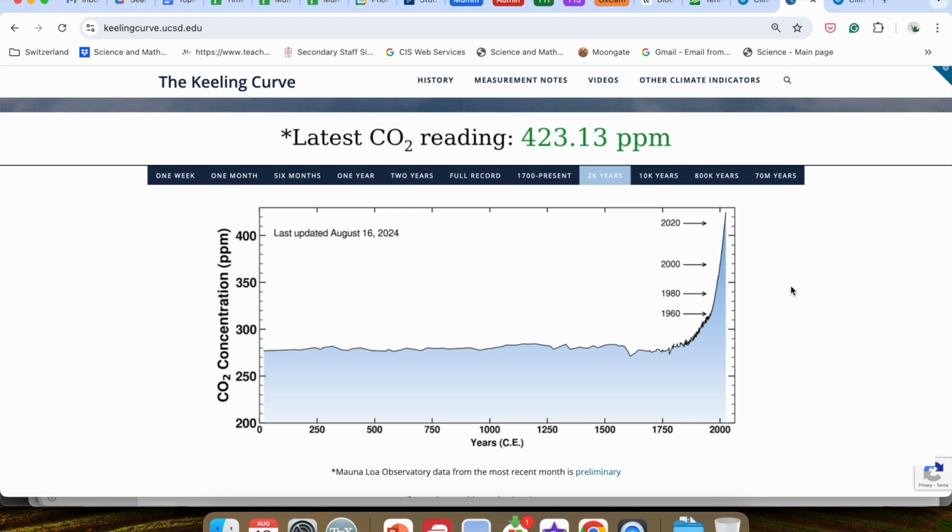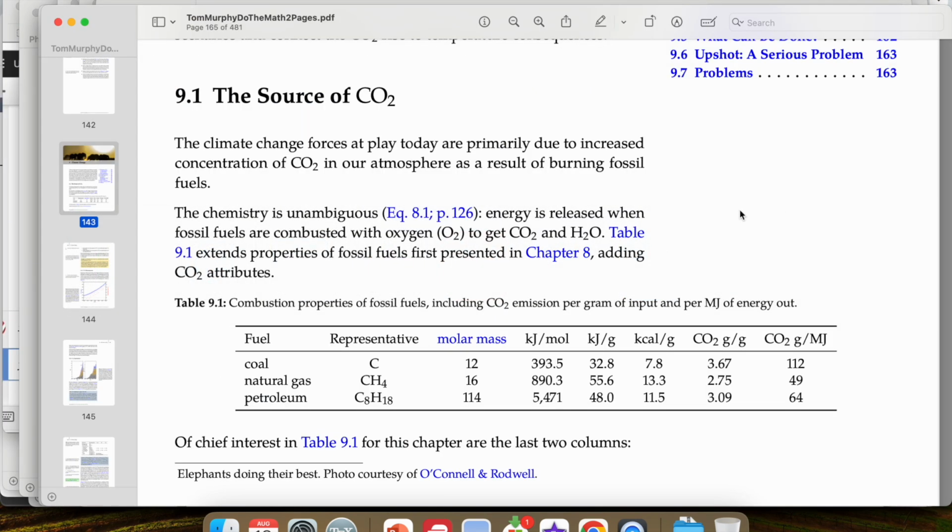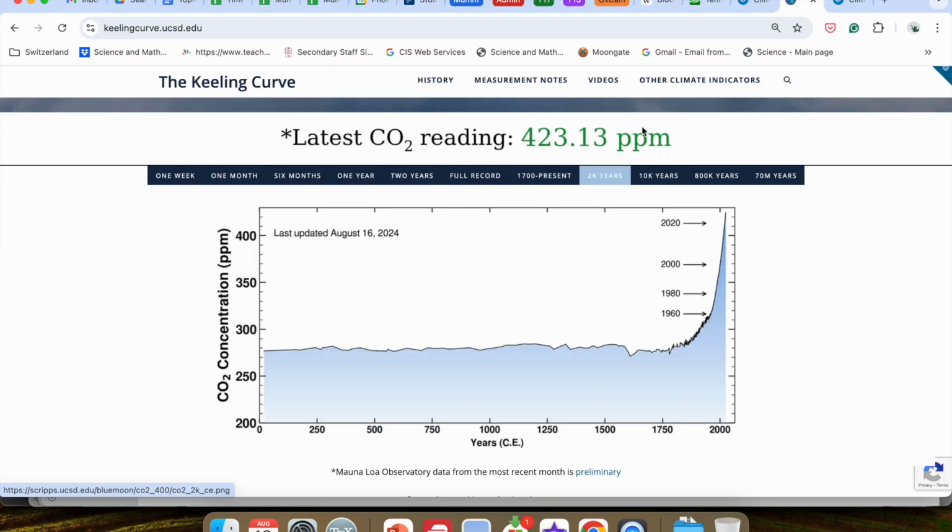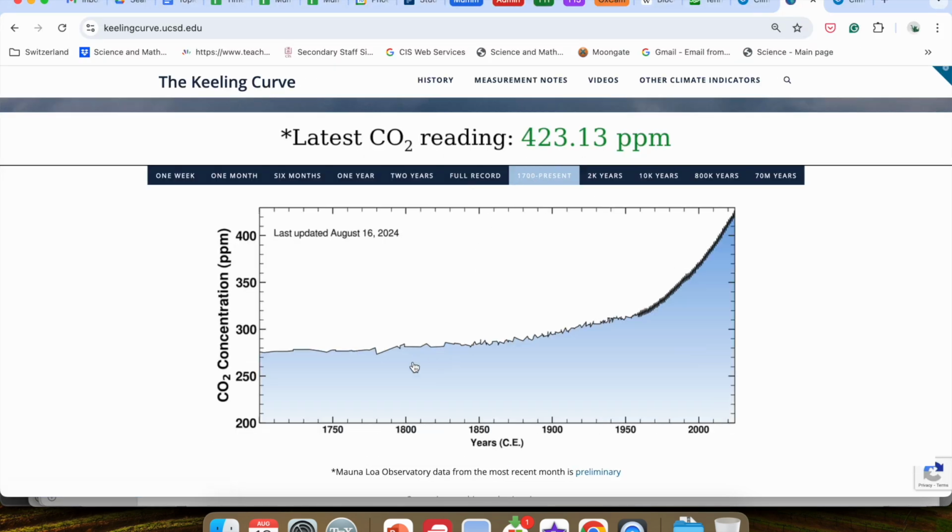And why? One obvious question is, well, why is the CO2 concentration increasing so much? Well, luckily, we know some chemistry, and we know what happened. You can see how it was around the 1800s that the level of CO2 really started to increase quite a lot.